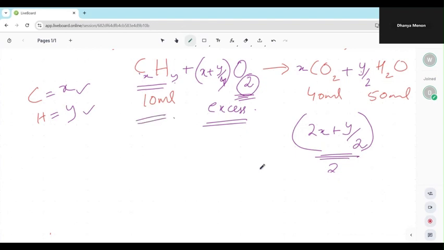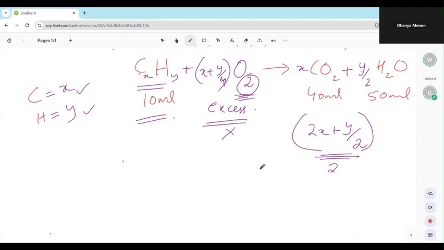Our limiting reagent is CXHY, because whenever there is combustion giving you carbon dioxide and water, that means oxygen is always in excess. So we ignore this. We will not use this. We will be using CXHY.